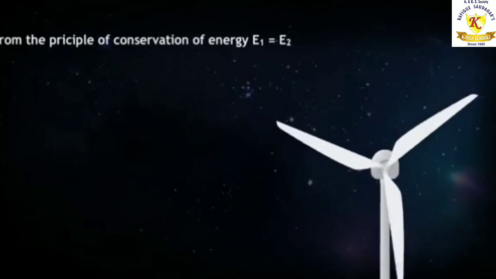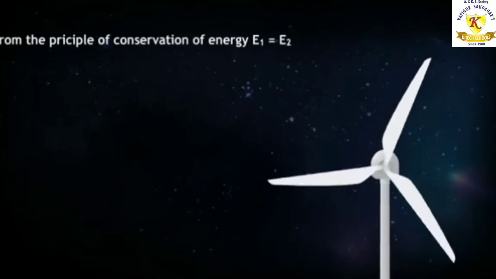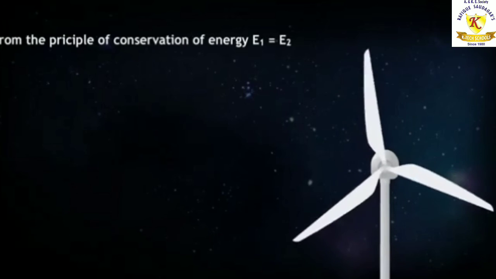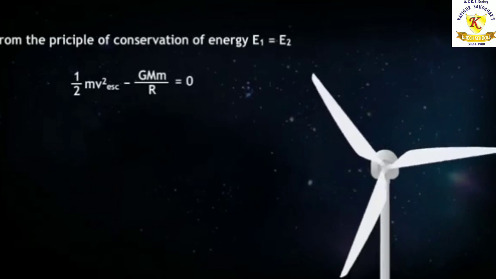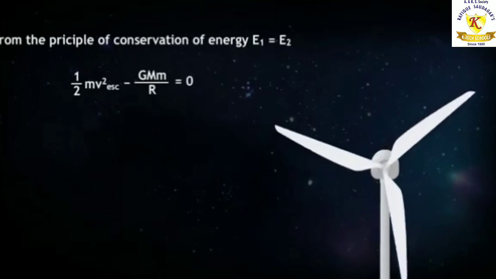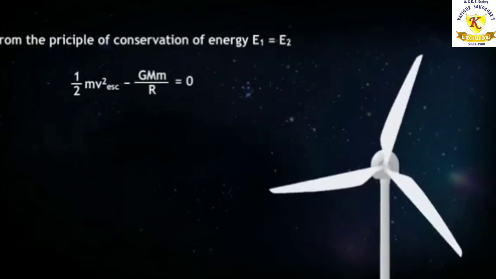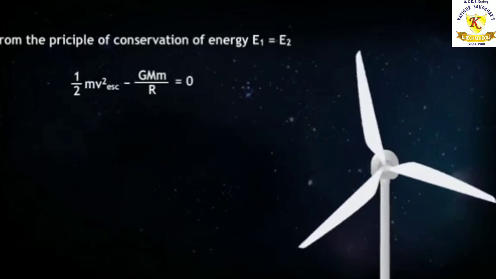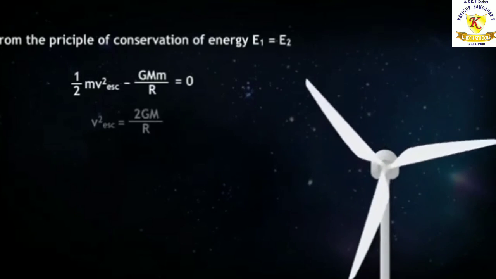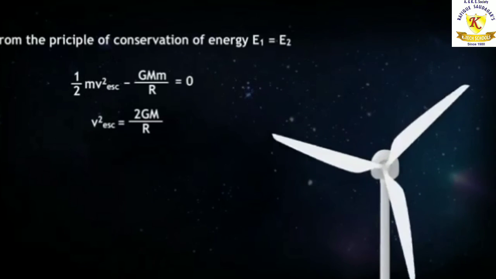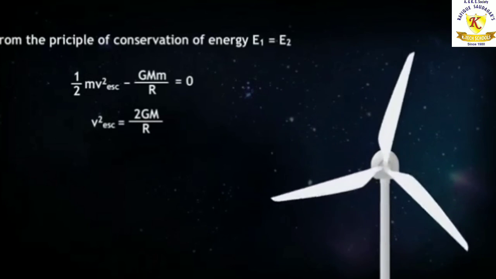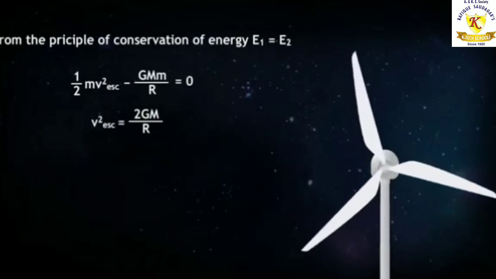From the principle of conservation of energy, E1 is equal to E2. So 1 upon 2 m v square minus GMm upon r is equal to 0. So v square is equal to 2GM upon r.